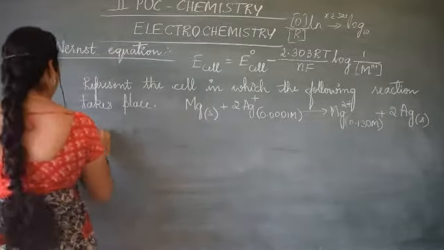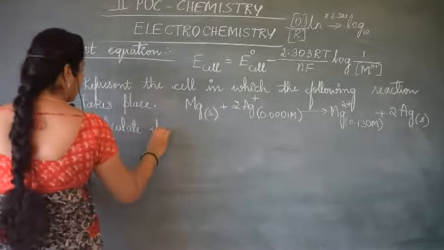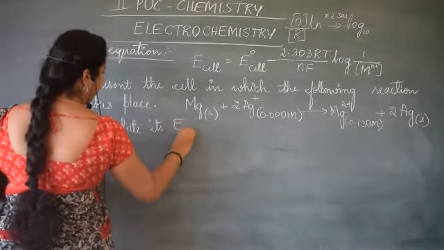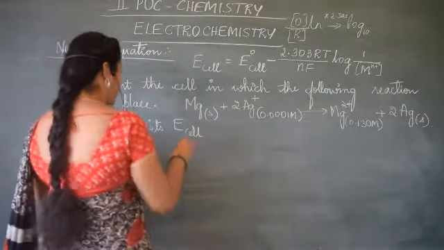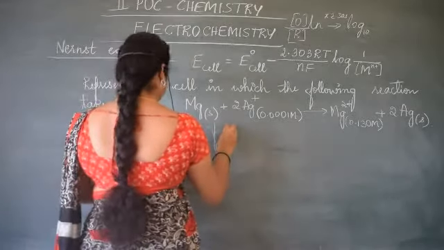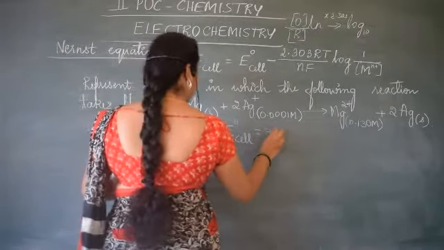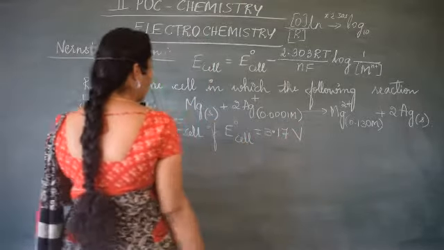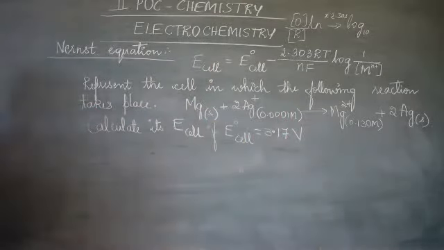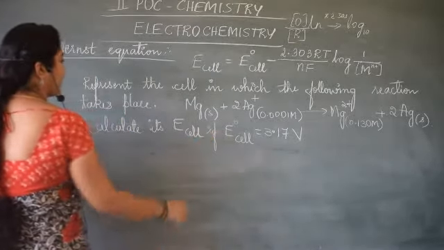Now calculate its cell potential, that is E cell, if E naught of the cell is equal to 3.17 volt. So E naught of the cell is given and you are asked to calculate E cell, the cell potential.